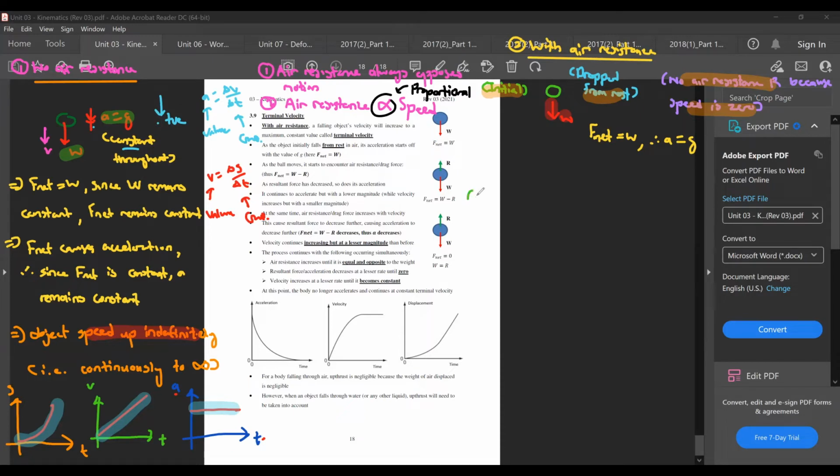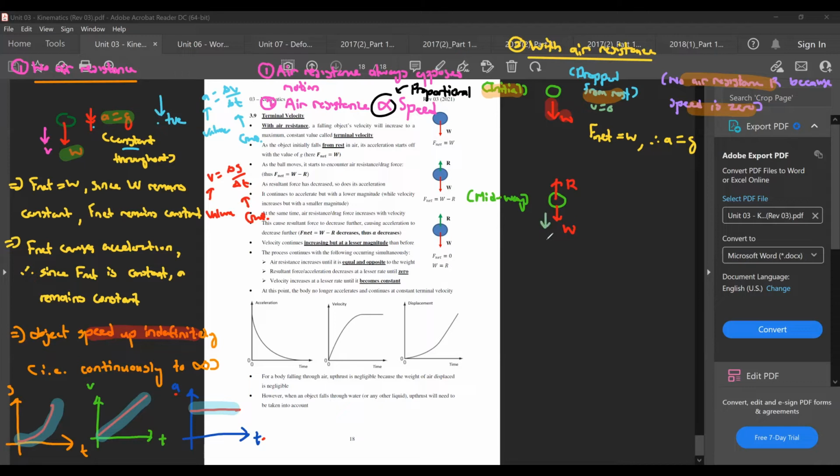Then next we go to the point where it's midway. Let's say your object has now started to move already. It's no longer at the initial position. So when it has started to move, there will now be two different forces acting on the object. First one is the weight, then the second one is the air resistance. In the initial part, because you dropped from rest, your v was 0.